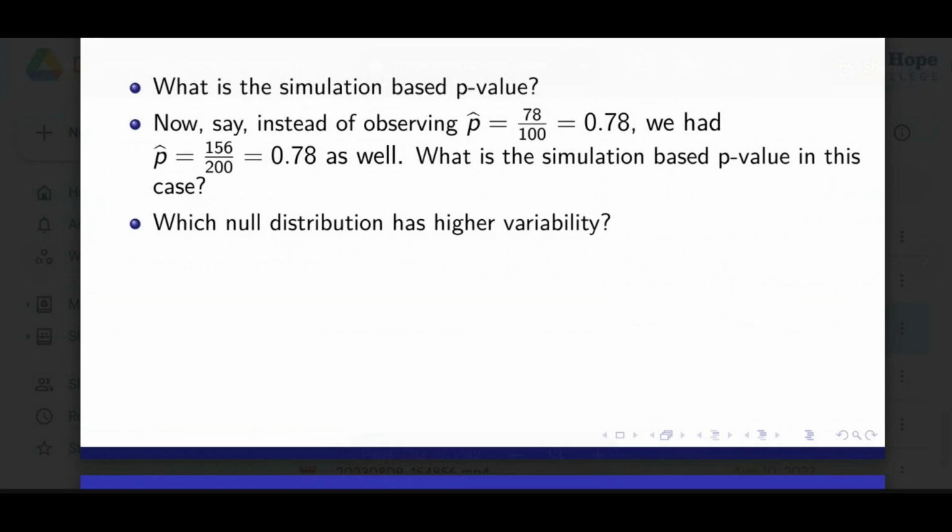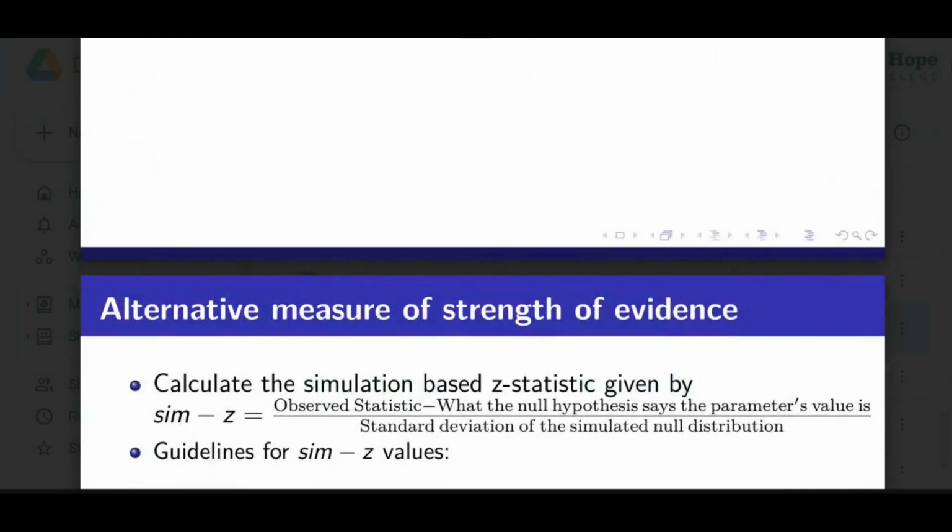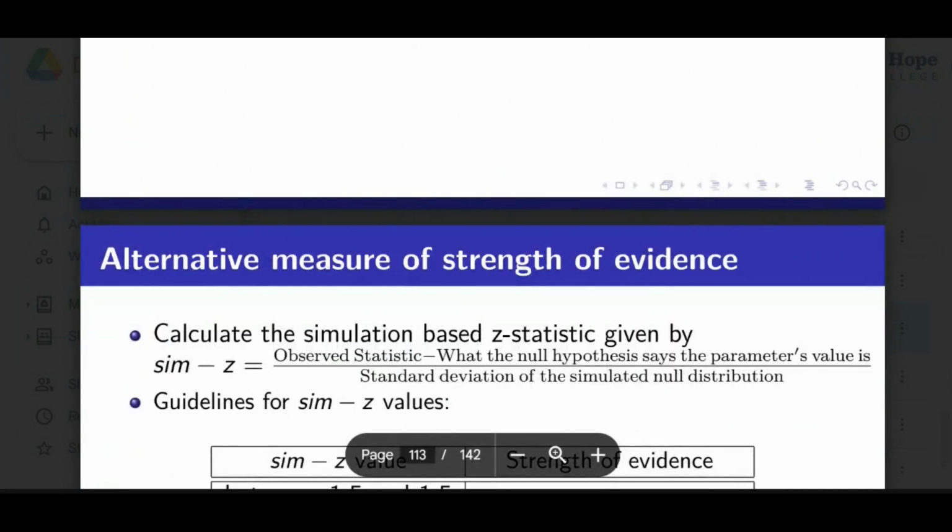All right. So I'm going to introduce now something new. This is the alternative measure of strength of evidence. That's not the p-value, but it's equivalent. It's something I call SIMZ, and it will only make sense after this class how you can do your homework. Your class got put off by 2 days, so don't worry. I think I've already extended whatever.